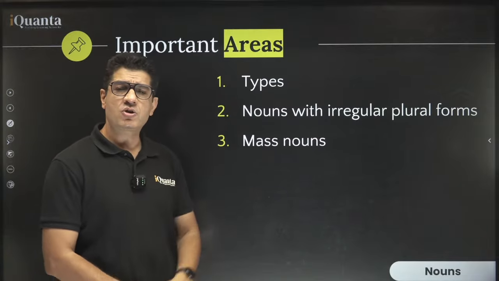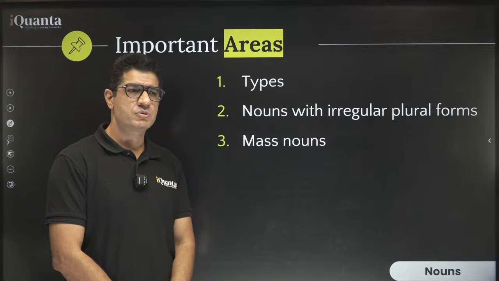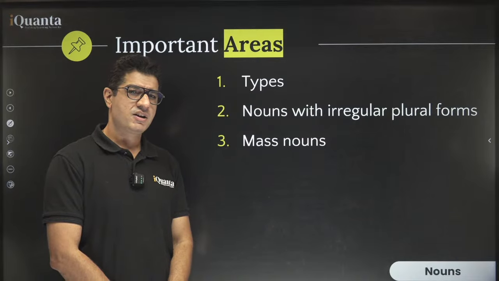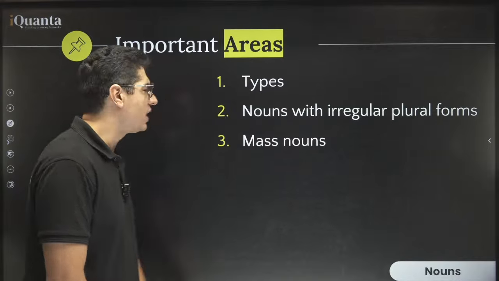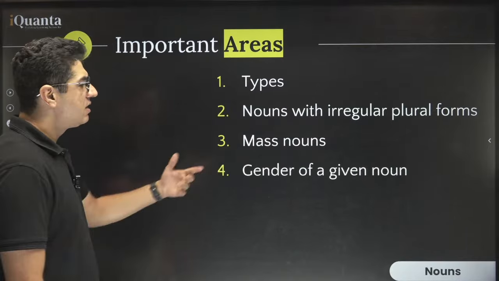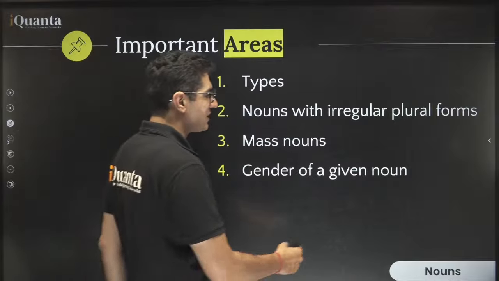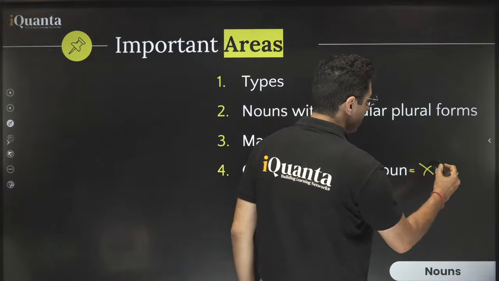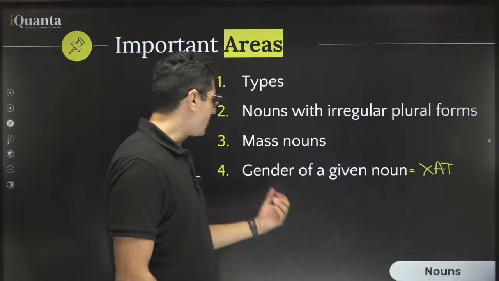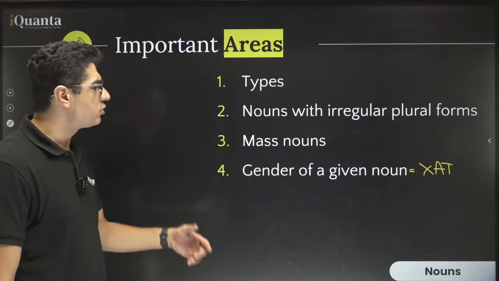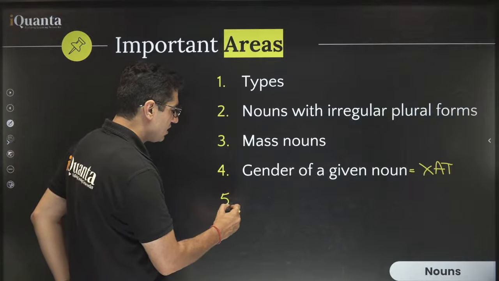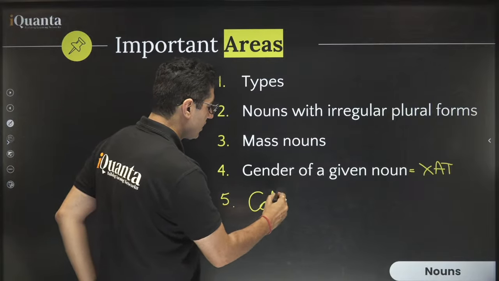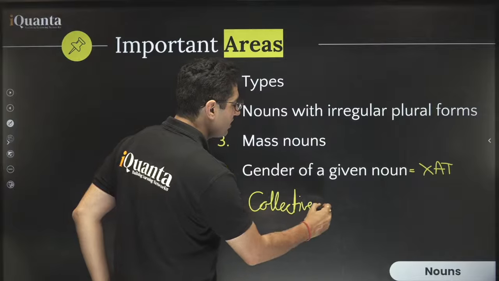Then there is something called mass nouns. Mass nouns are nouns that are always plural. Quite a few of them are used by the examiner to stump us, to fool us in the exam. Then for XAT specifically, I think I'm focusing more on XAT when I write this, you would perhaps like to be aware of the gender of a given noun. And I'll write the fifth one as well. You remember there is something called a collective noun.